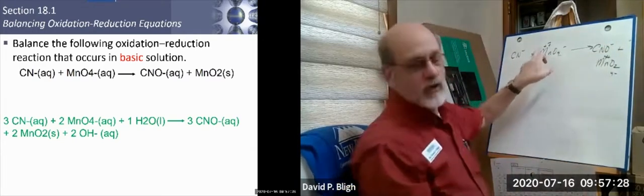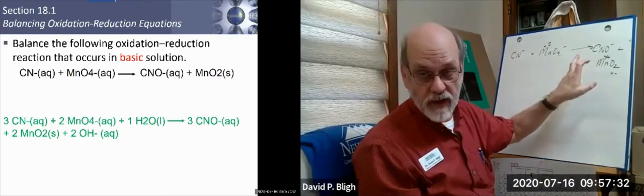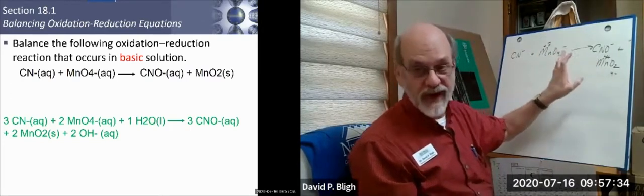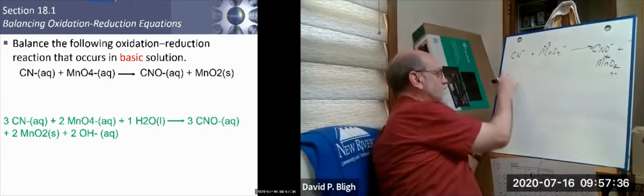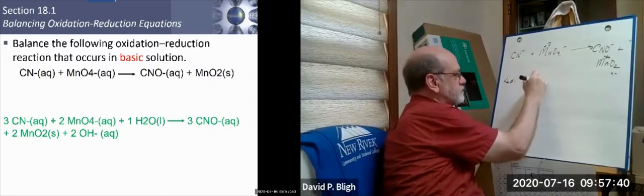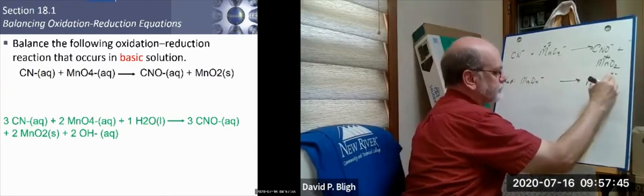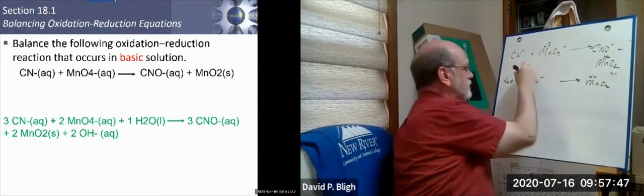So the manganese goes from 7 to 4 plus. That means it was reduced by adding 3 electrons. So the reduction equation involves this one. Right?